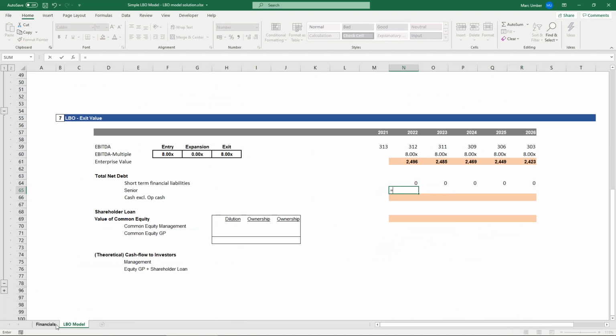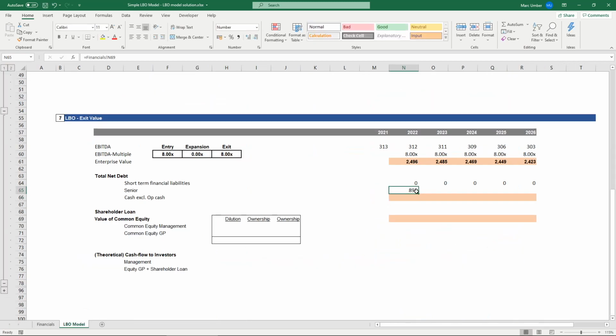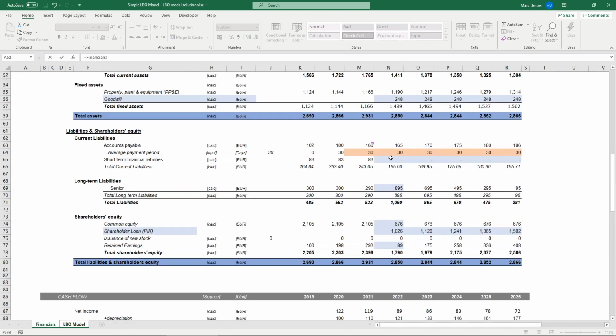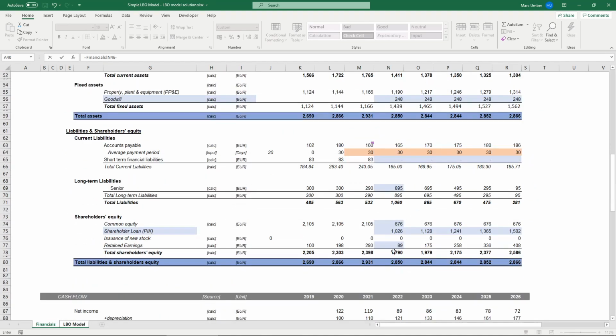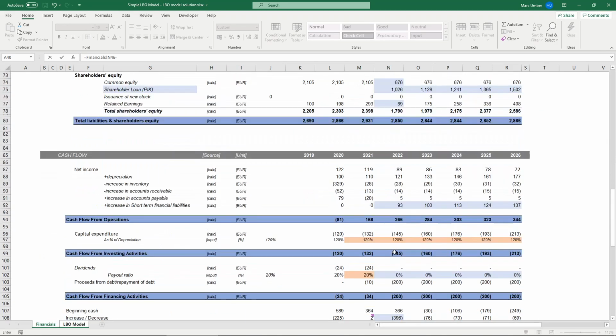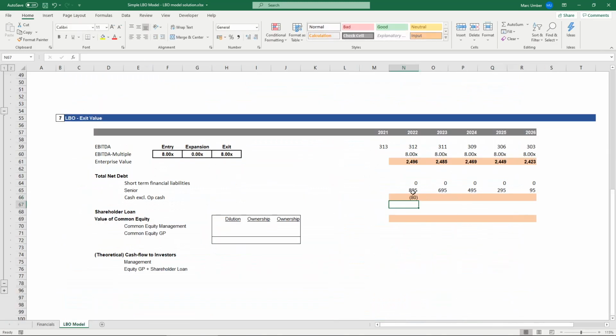Our long-term 2022 senior debt and our cash, excluding the operational cash requirements, and we see that we will have an issue here, and we'll attend to that matter later.